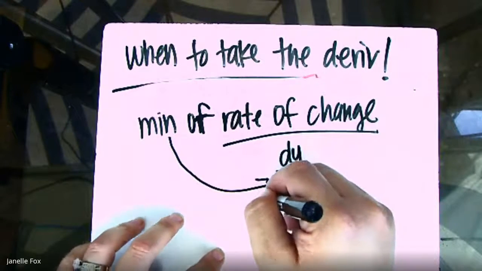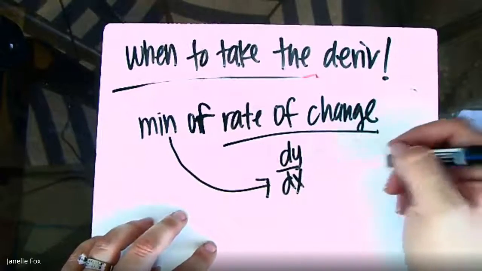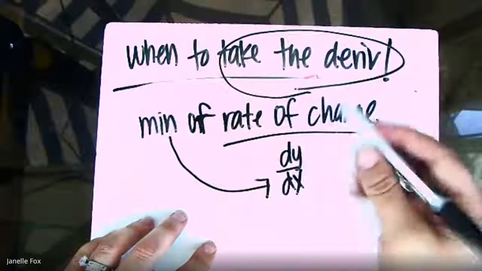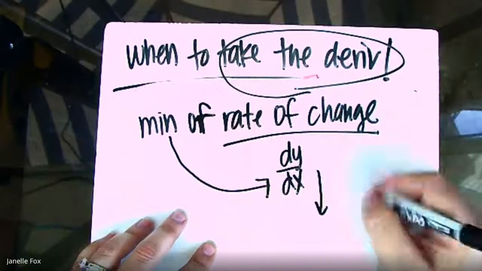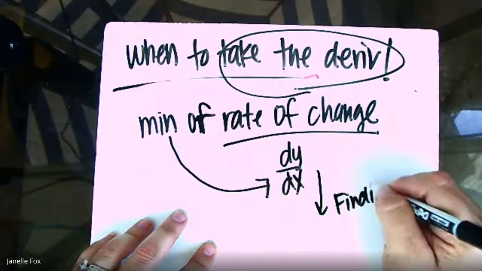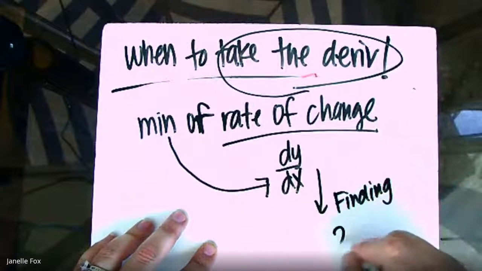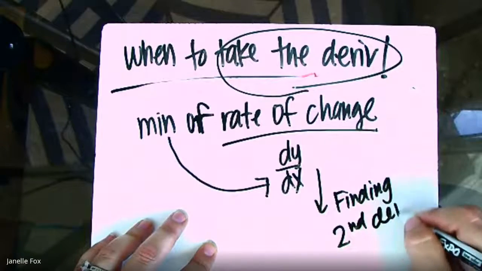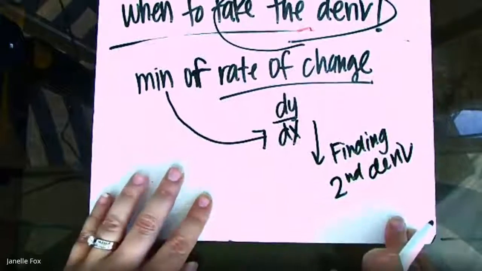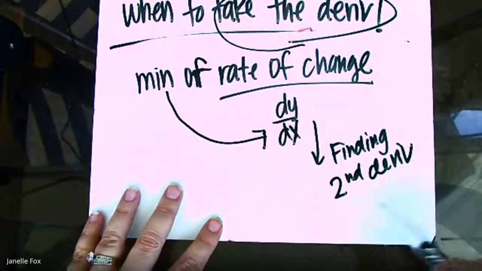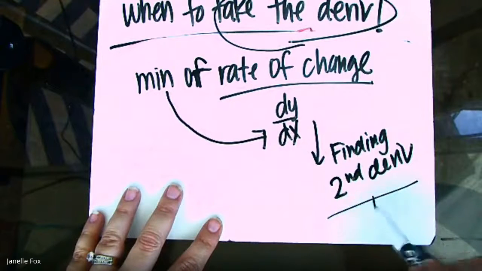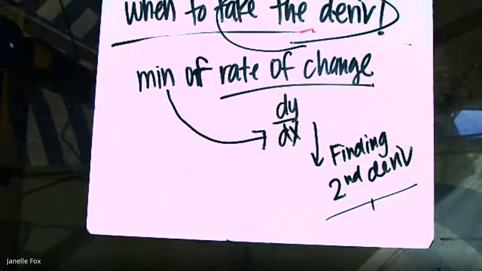Well, that means we still have to take the derivative. So we actually ended up finding the second derivative, because it was just the derivative of the derivative. Then we used it to find mins and maxes, and did a number line and all that good jazz. Okay, so those are examples of when you should take the derivative.